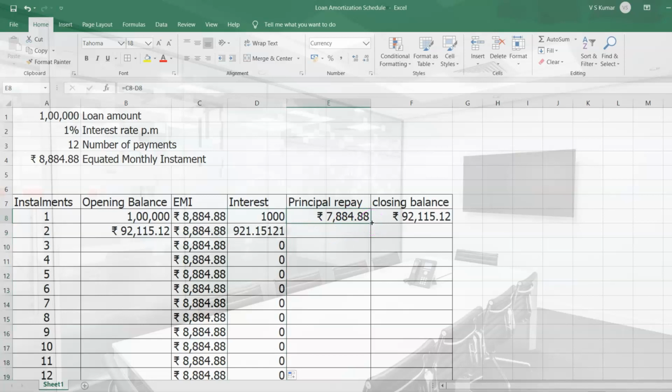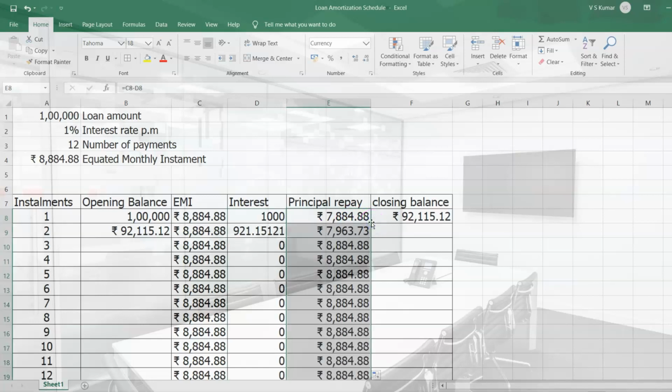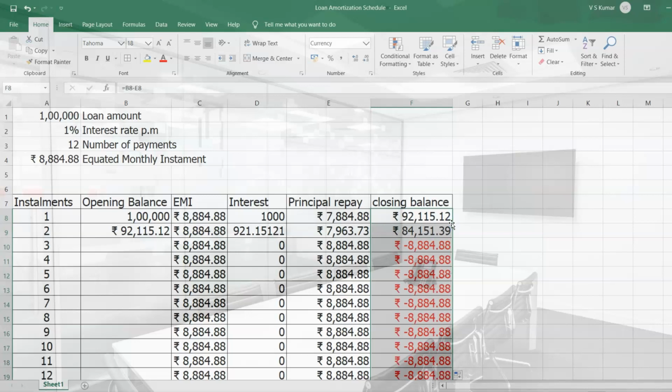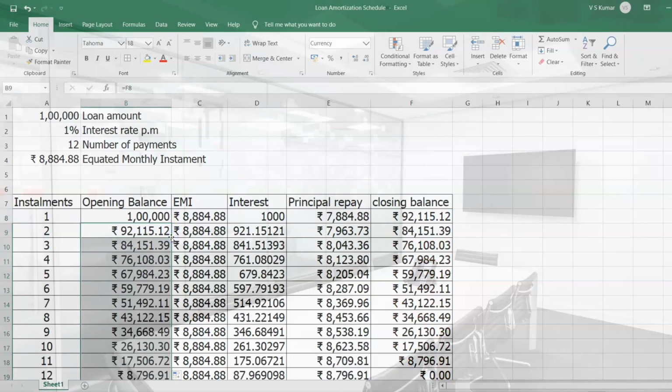The principal repayment is EMI minus interest, and closing balance will be opening balance minus principal repayment. And the closing balance becomes the opening balance for the next month.